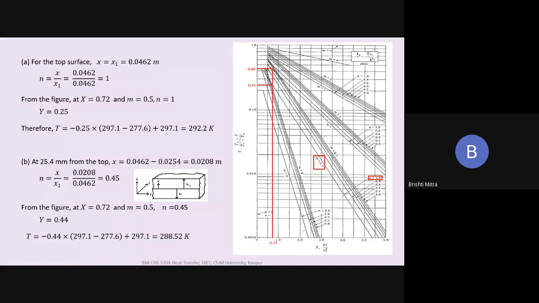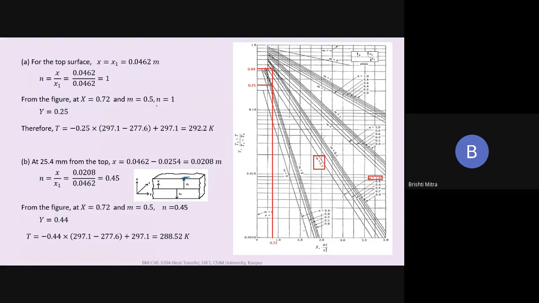So that means my x, which is going from the base to the top, is also equal to my x1 value. So x is equal to the full thickness, that is 0.0462. This divided by x1, so my n value comes out to be equal to 1.